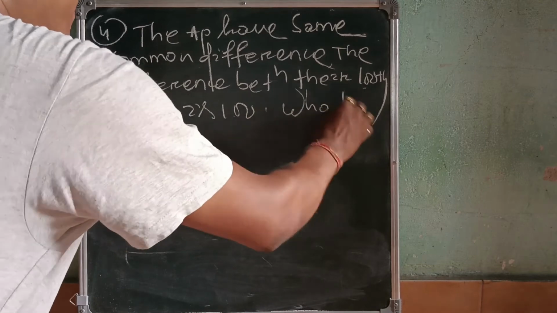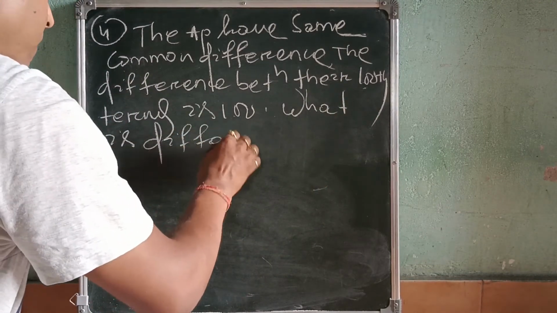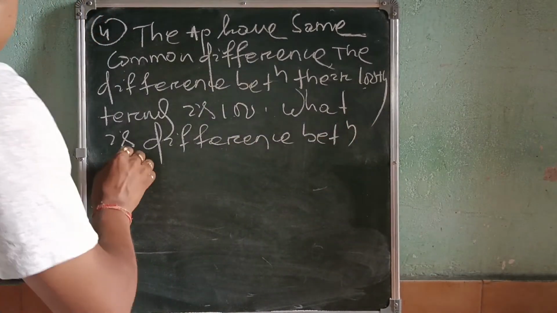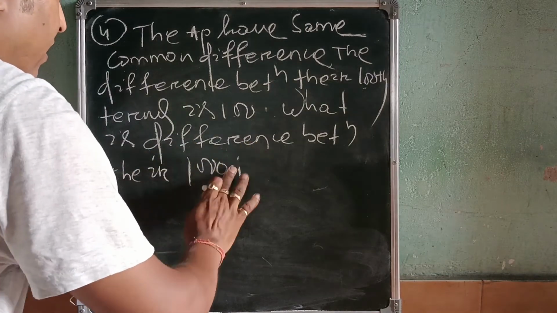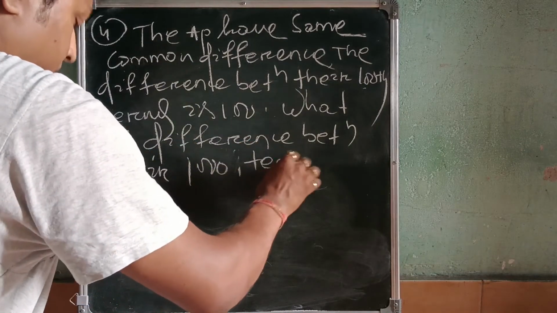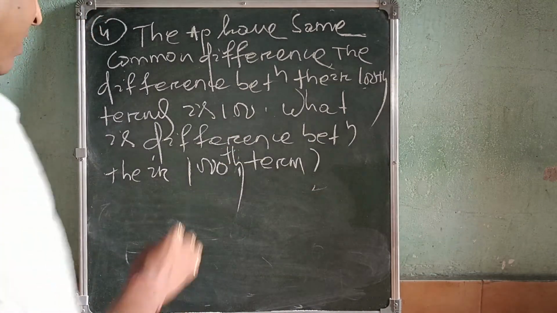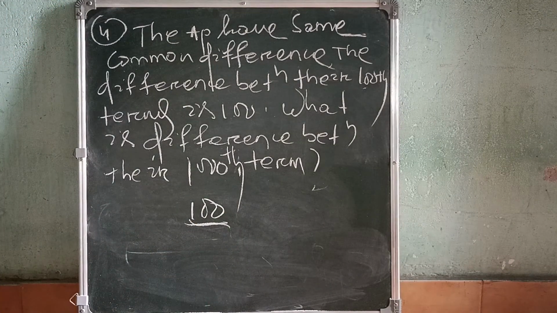What is the difference between their 1000th terms? Answer is 100, right? How do we find it?